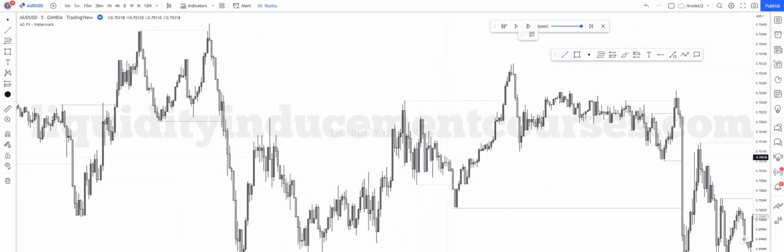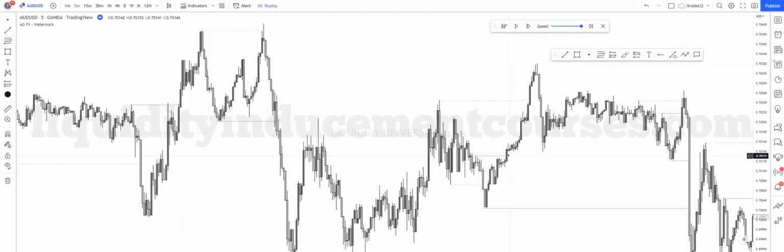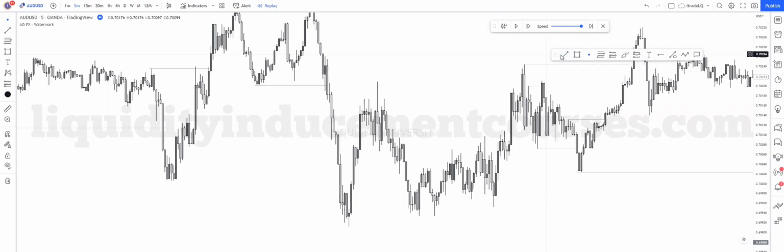Structure point. Oh, I see a strong high too. Right there. Let's see right here. Strong low. A break here.